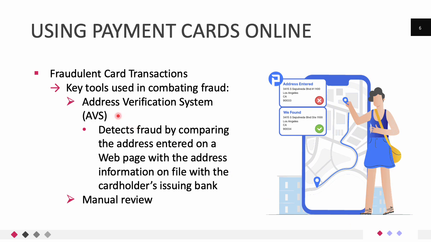The first is the address verification system, or AVS. When you type your billing address, the system checks if it matches what your bank has. And then the second one is manual review. Sometimes a real person double checks suspicious orders, like a teacher spotting copied homework.